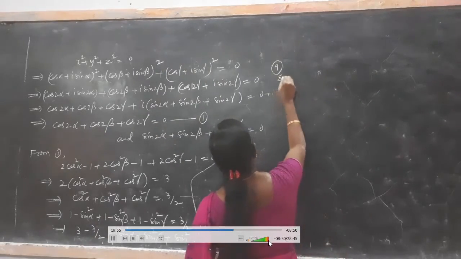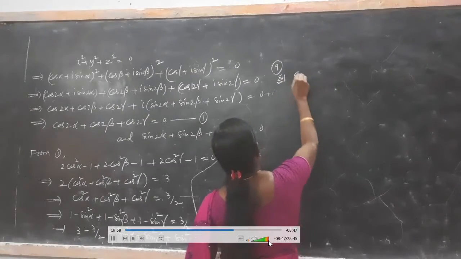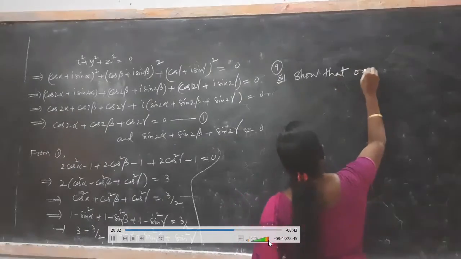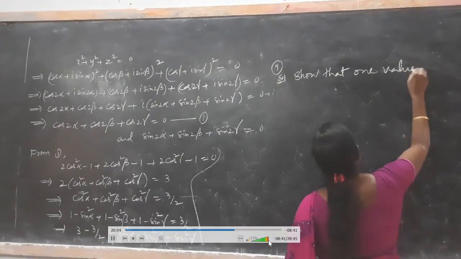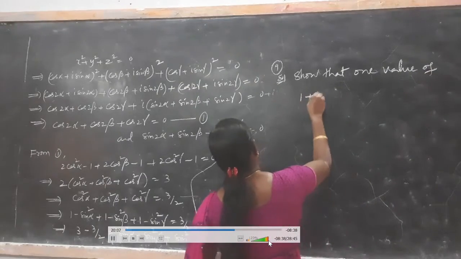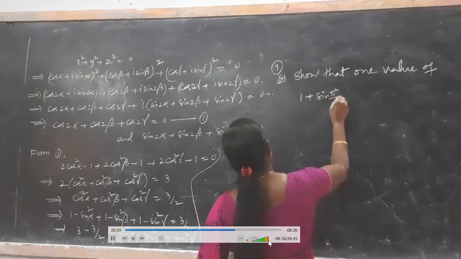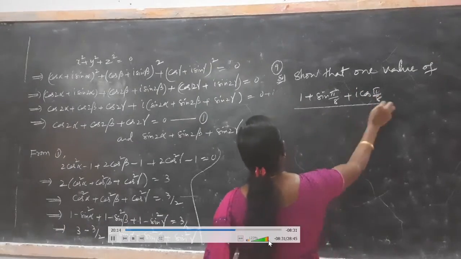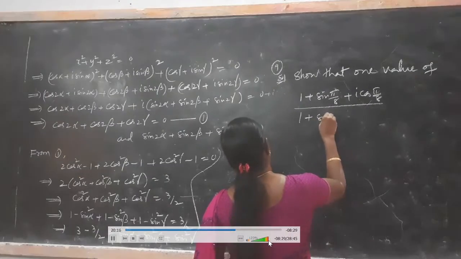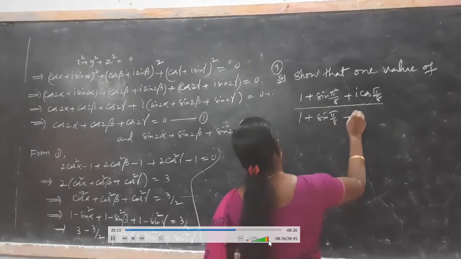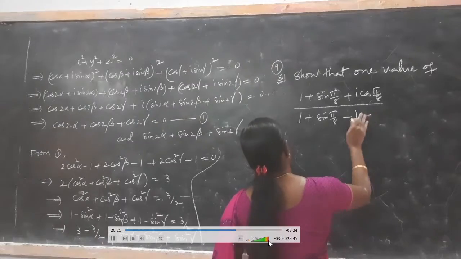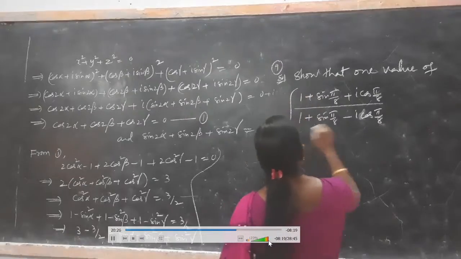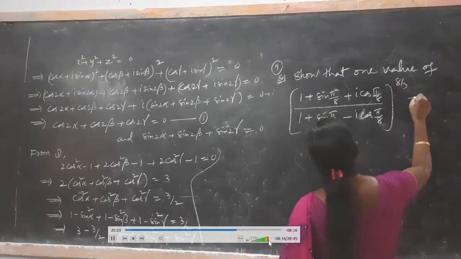The 9th one, see here. Show that one value of 1 plus sin pi by 8 plus i cos pi by 8 by 1 plus sin pi by 8 minus i cos pi by 8 whole power 8 by 3 is minus 1.